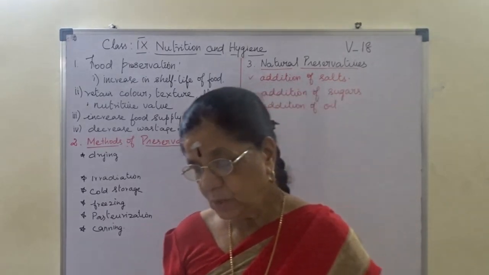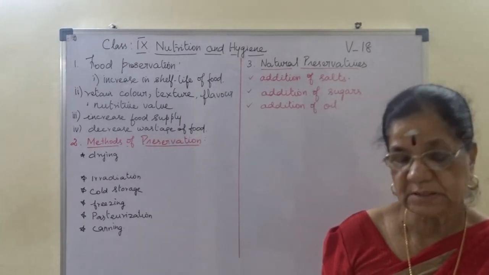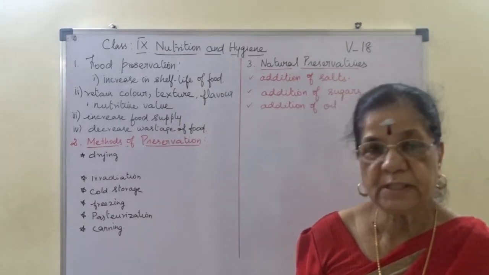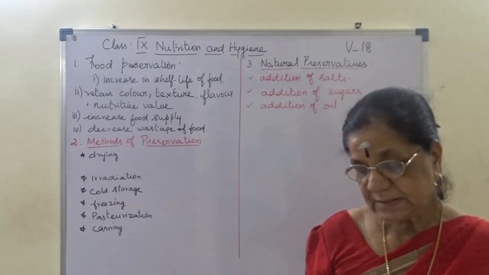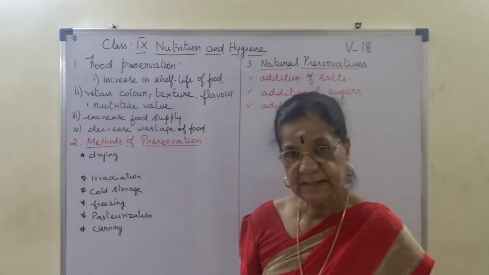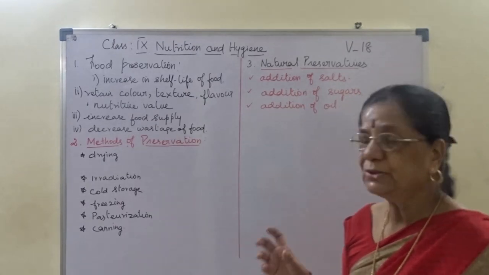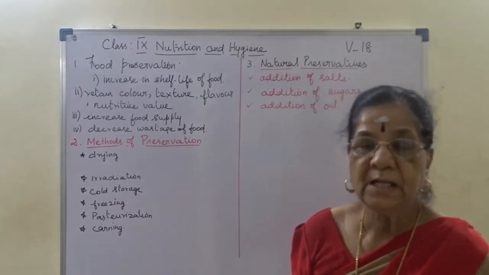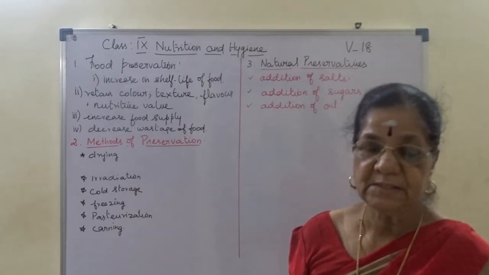This process involves storing the food below 0 degree temperature, at which microorganisms cannot grow, chemical reactions are reduced and metabolic reactions are also delayed. So cold storage and freezing: cold storage at a smaller scale, freezing at a larger scale.